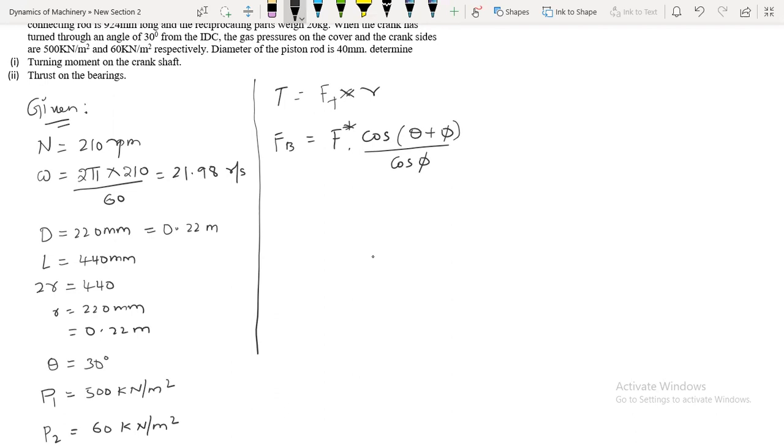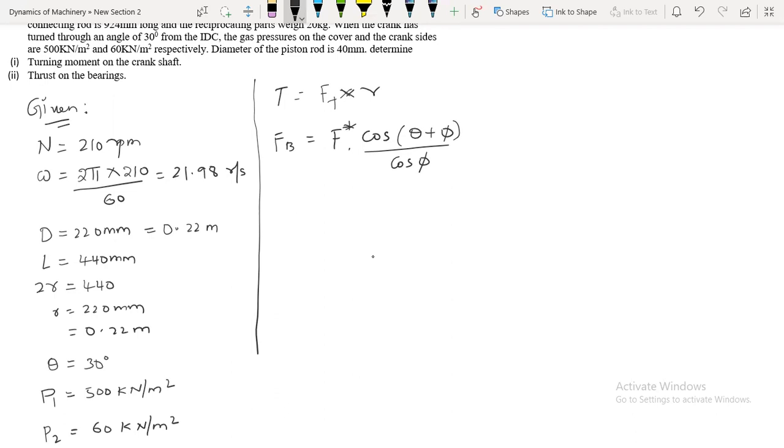So here from this diagram, first let us find out the thrust on the bearings. Or let us find out what is Ft, because we have to find out the turning moment on the crankshaft first. So let us find out what is Ft first.